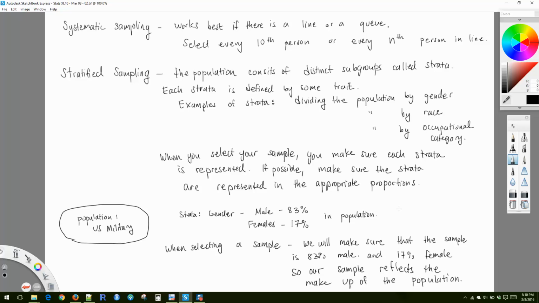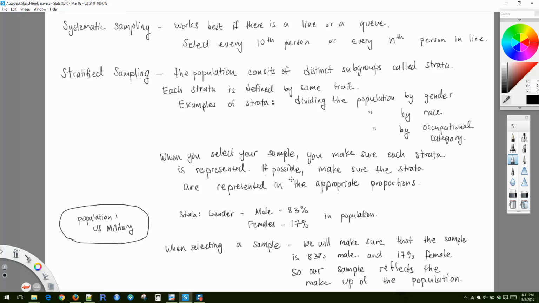For example, if you're trying to create a committee on recruiting more women to join the military, you will probably want your committee to have more females on it than males, I would imagine. Who knows. Selecting people to join a committee is going to be different from a representative sample. But if we're talking about statistical samples, stratified sampling is one way to do it.